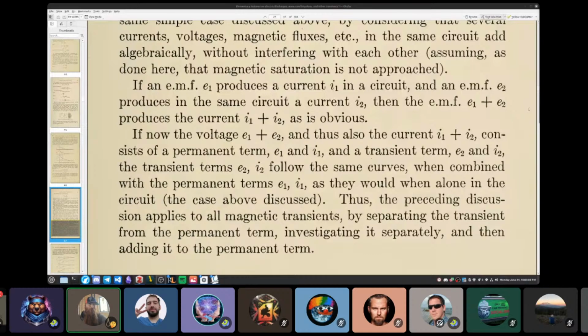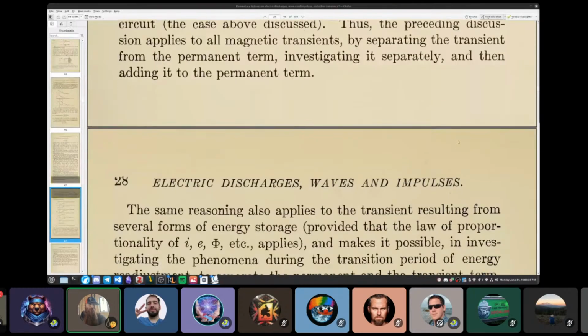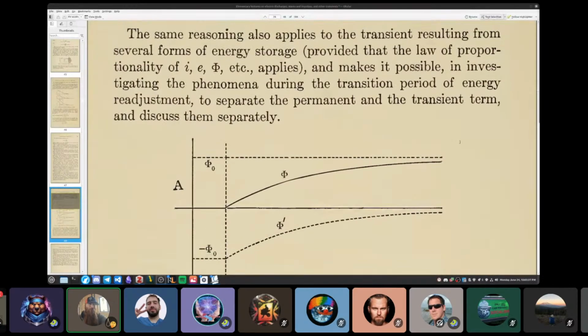If now the voltage E1 plus E2, and thus also the current I1 plus I2, consists of a permanent term E1 and I1 and a transient term E2 and I2, the transient terms E2, I2 follow the same curves when combined with the permanent terms E1, I1 as they would when alone in the circuit. Case above is discussed. Thus, the preceding discussion applies to all magnetic transients by separating the transient from the permanent term, investigating it separately, and then adding it to the permanent term.